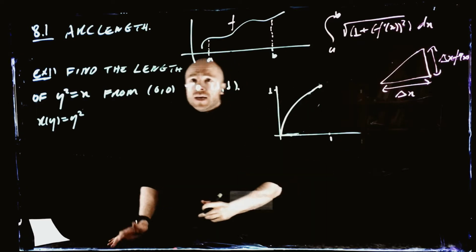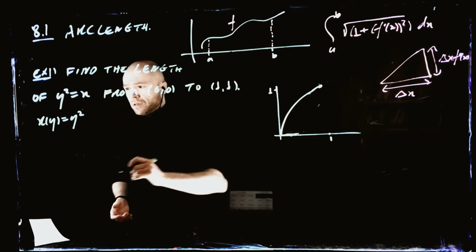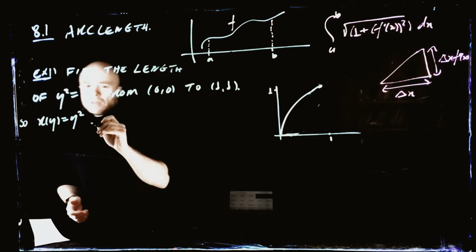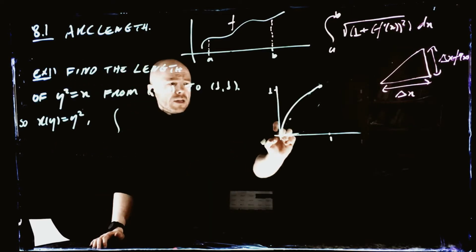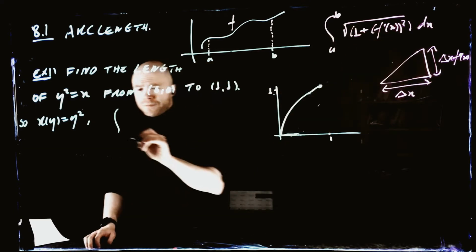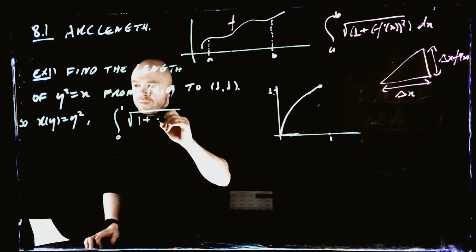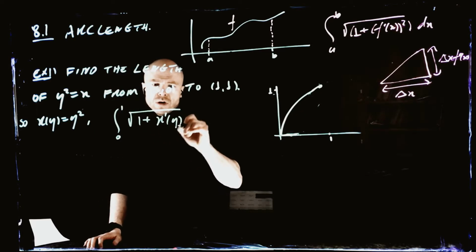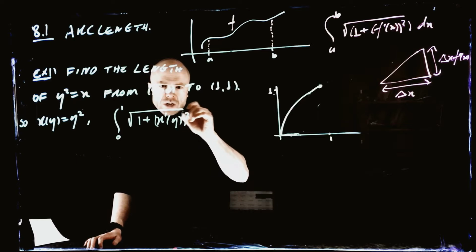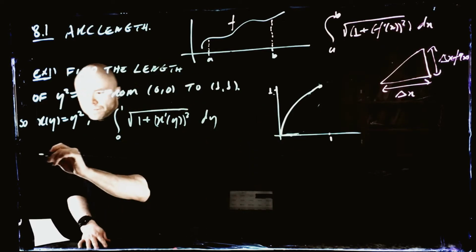And we are just going to use the formula. That's all we have to do, right? So the formula tells us that if we integrate from 0 to 1 of this expression, that is the arc length, right? So the square root of 1 plus x prime of y squared dy. That's just applying the formula.